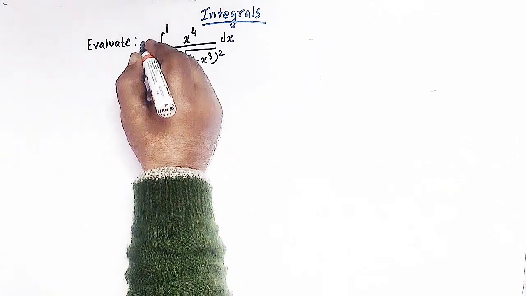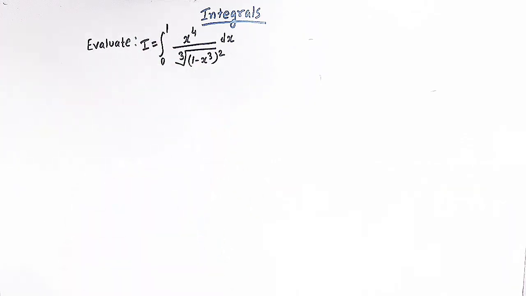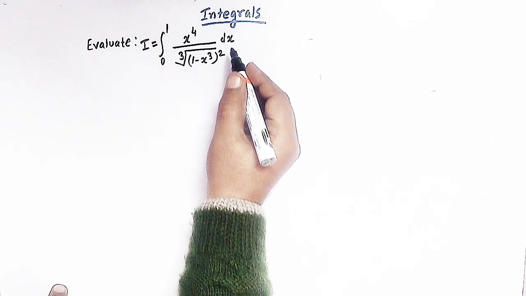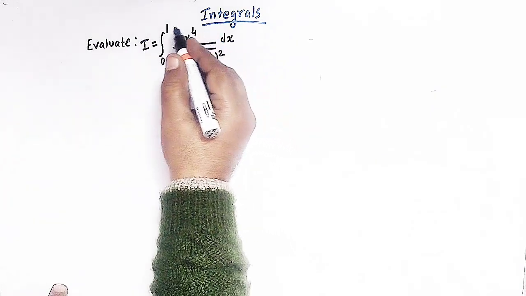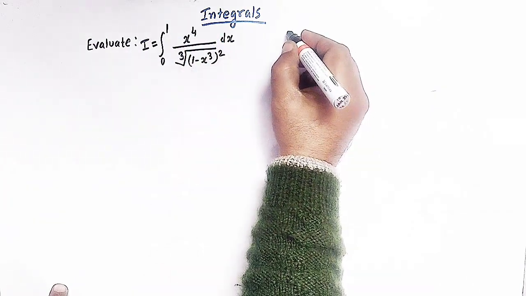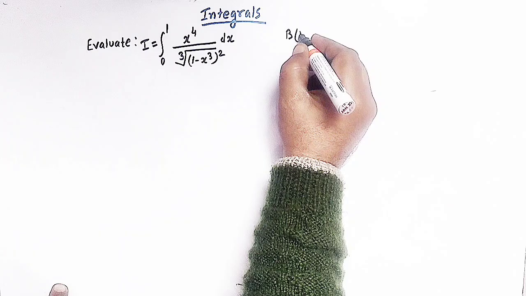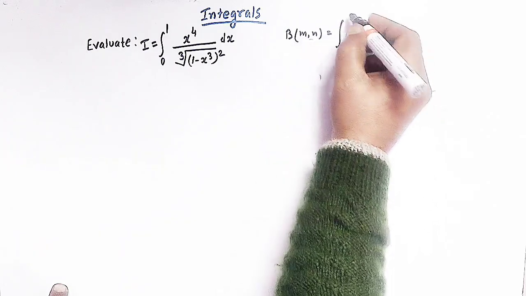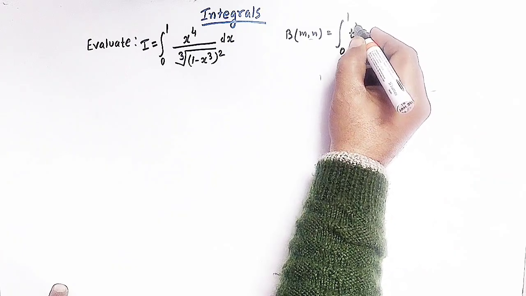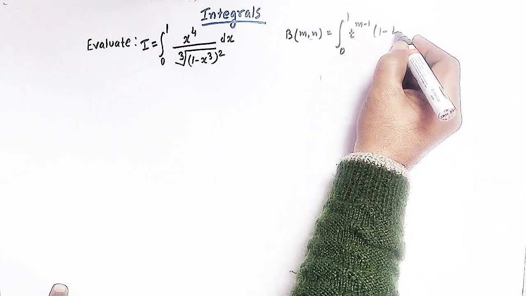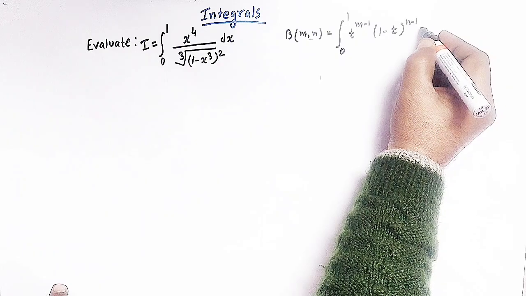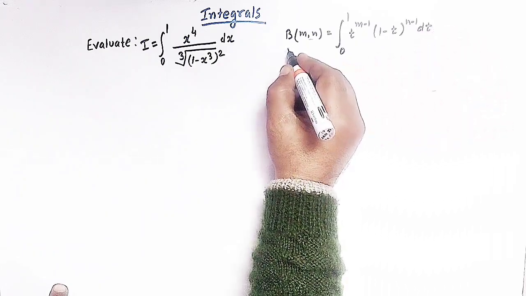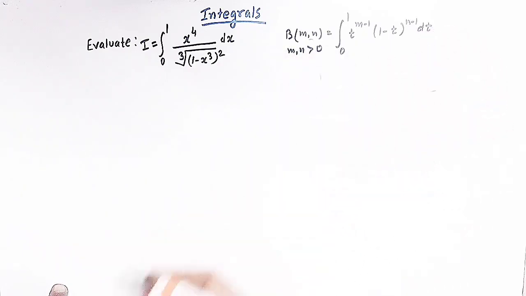So let us call this integral as I, and let us start with the method of substitution, right? Because our aim is to convert this integral into the beta function, that is beta m comma n is equal to the integral 0 to 1, and we have t raised to m minus 1, (1 minus t) raised to n minus 1 dt, where m and n are greater than 0, right?